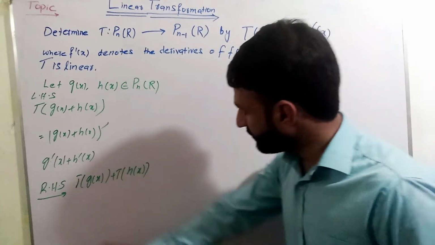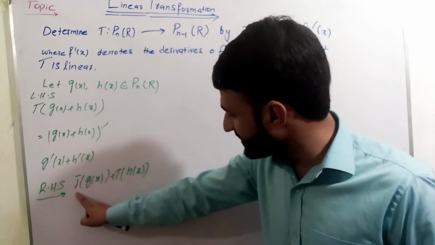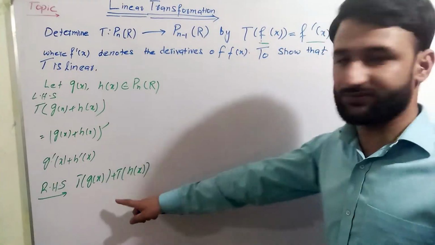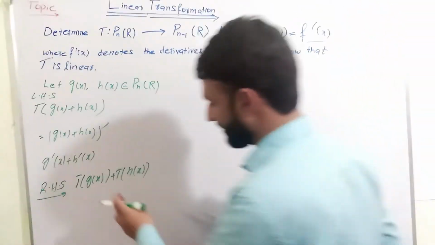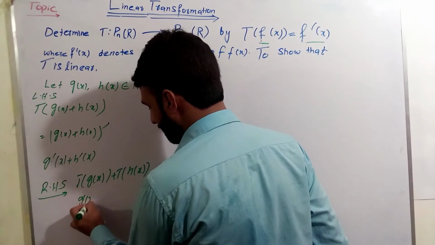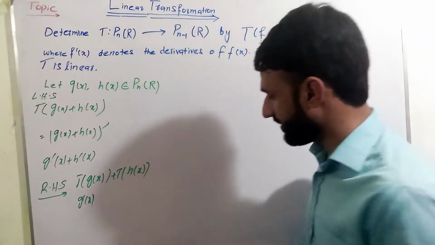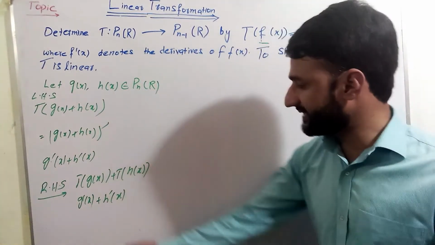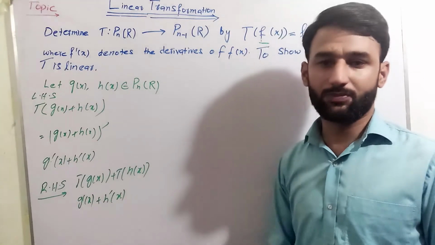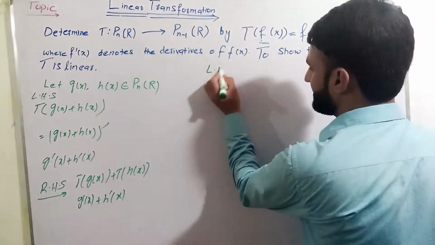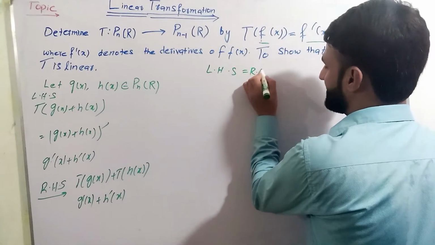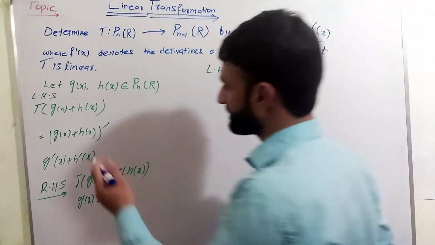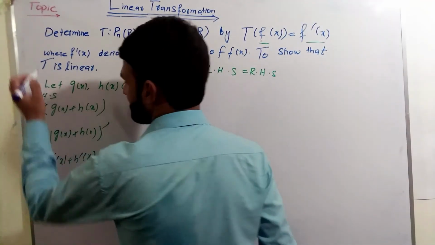If you notice, when we apply the transformation T to g of x, the function gives the derivative term, so we can write g prime of x, and similarly h prime of x. So the left hand side is equal to the right hand side. This is your first property, which is satisfied.